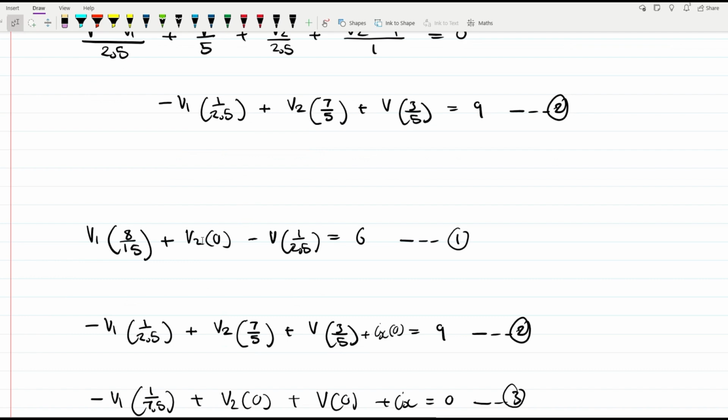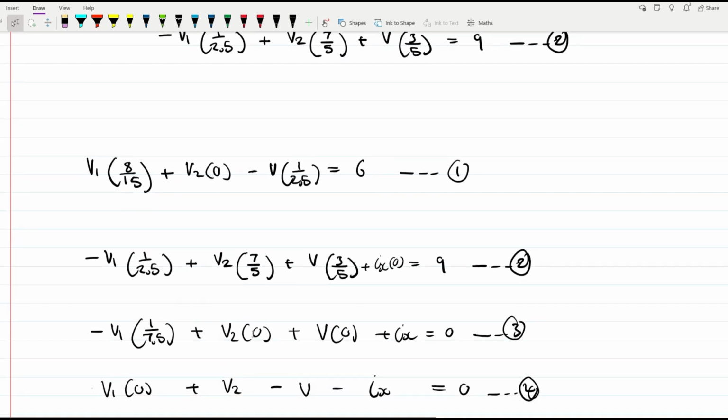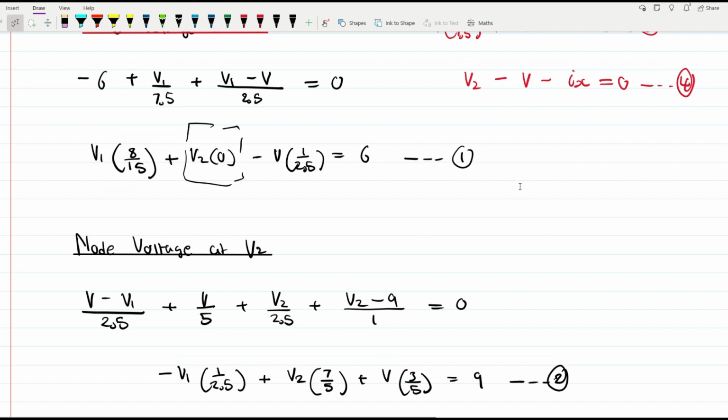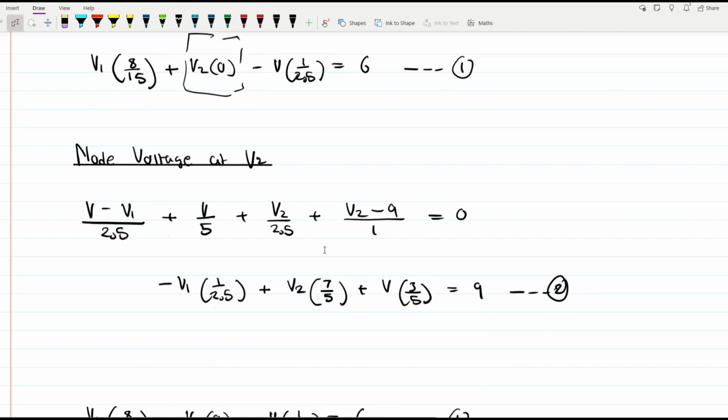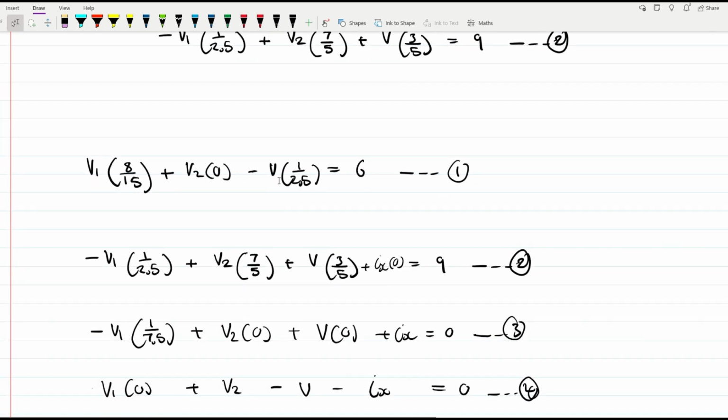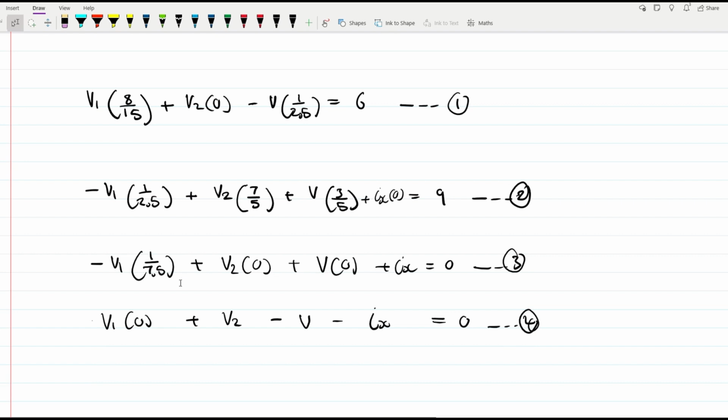So I multiply that V2 by 0, and whatever I don't have in other equations, I just multiply by 0. So here I do not have Ix, so it's 0, and also here on equation 2 it's 0, and I have it on the other two equations. So now that I have 4 unknowns, 4 equations, now I can solve this simultaneously.